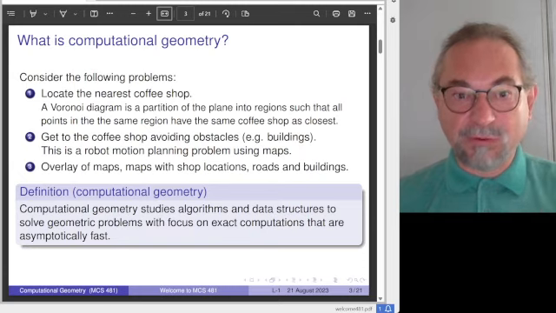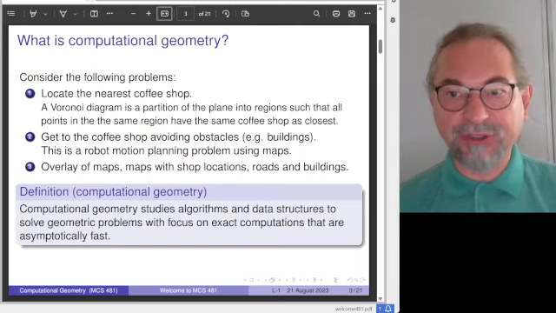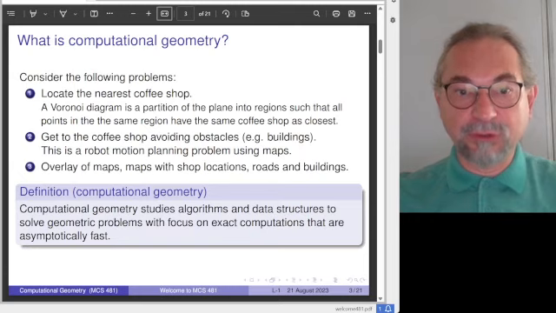This will involve maps and the overlay of maps. So you have the geometric locations of your position versus all the coffee shops. That will be solved by the notion of a Voronoi diagram.